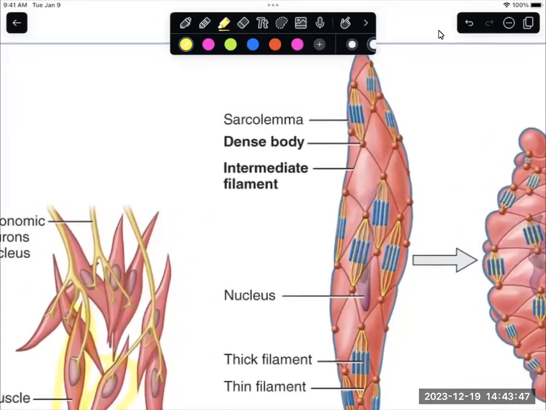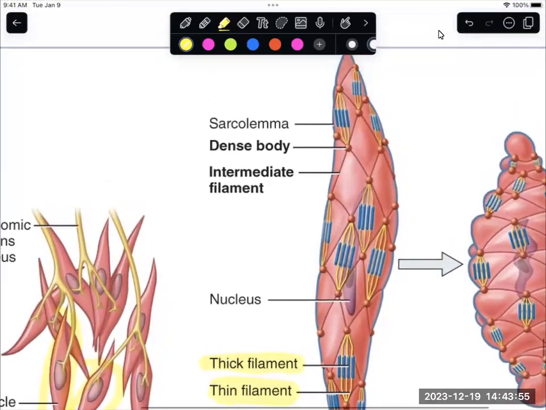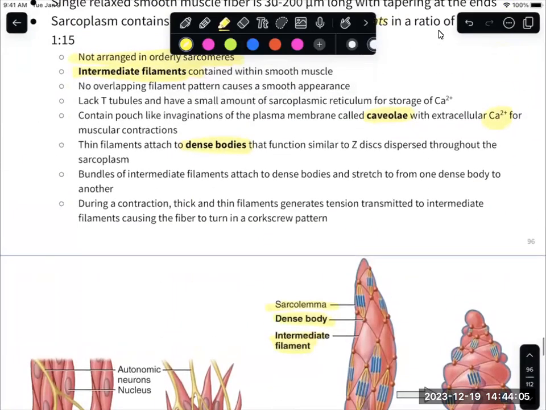Look here. We've got these thick filaments and these thin filaments. You can see these intermediate filaments that are helping to hold everything together in these dense bodies along the sarcolemma here.